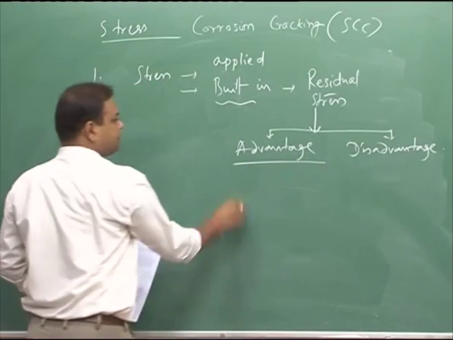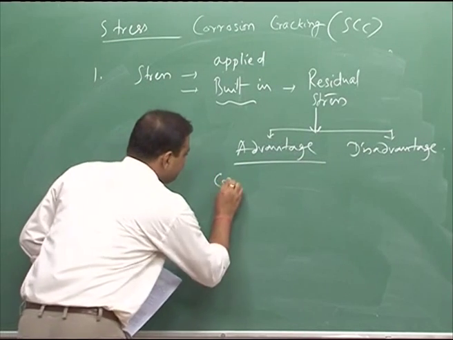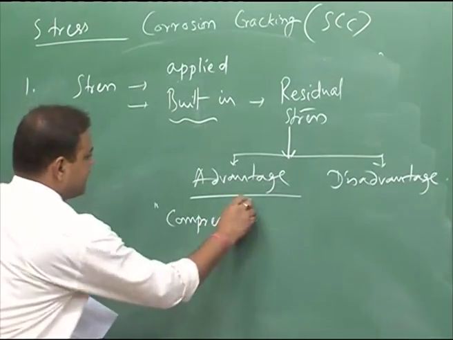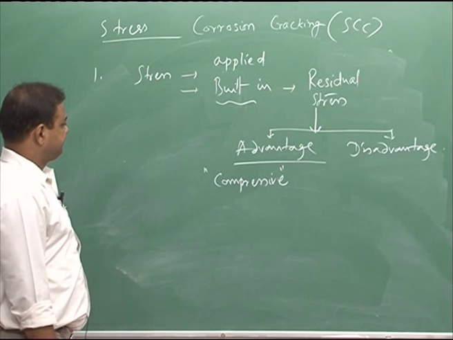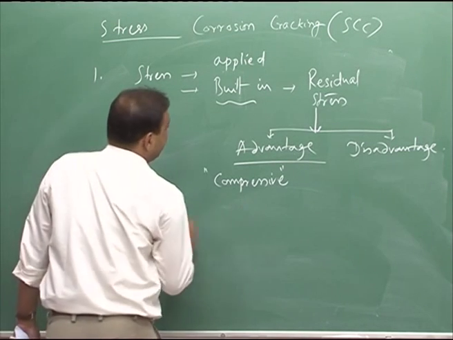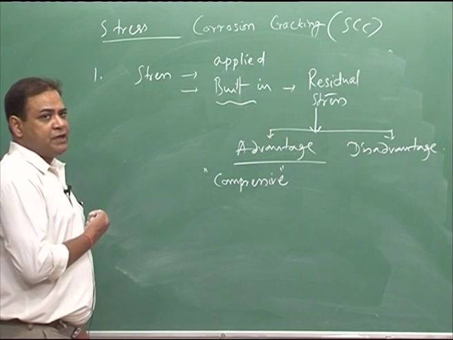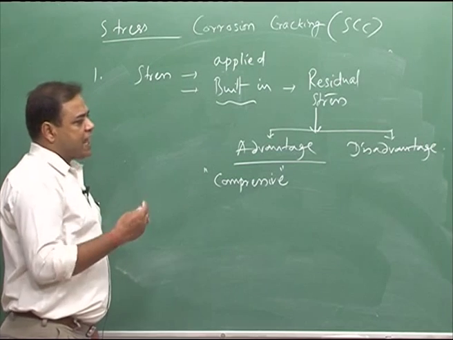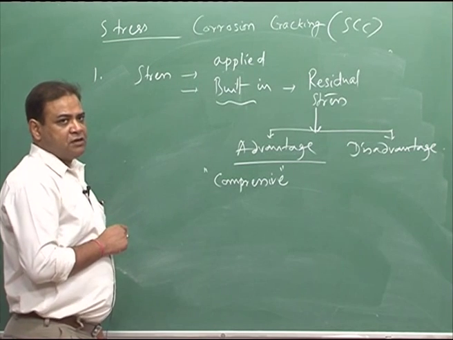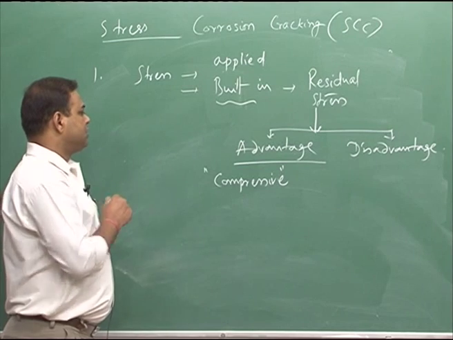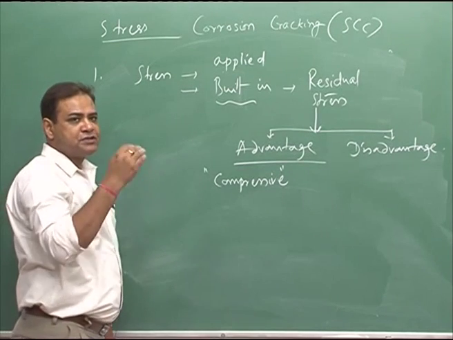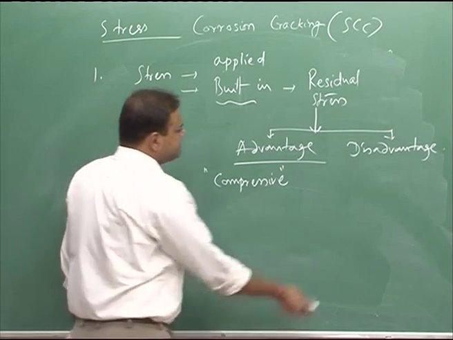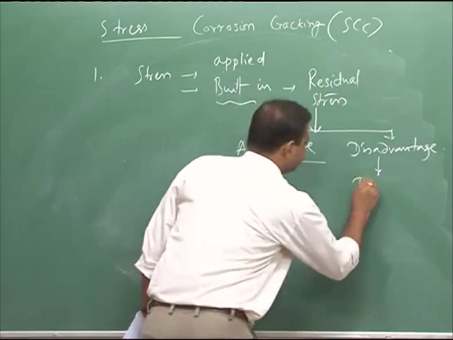The advantage is definitely when you have a compressive component, which is always advantageous. For example, if you have a fatigue related issue in the material, then compressive stress can protect the material from fatigue damage for a longer period, because that would act negatively towards the tensile component in the fatigue cycle. Disadvantages: definitely this would be disadvantageous if it is tensile.